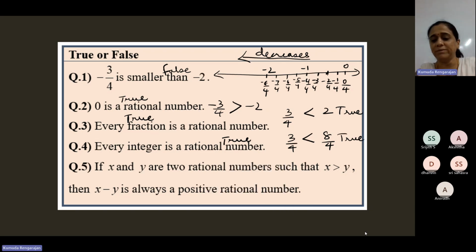Please read the fifth statement. The statement says two rational numbers, x is greater than y. Then when you subtract, when you find the value of x minus y, the answer will be positive. Is that true or false?